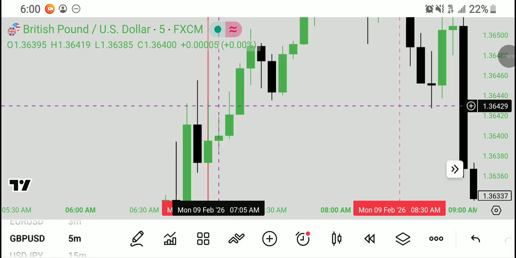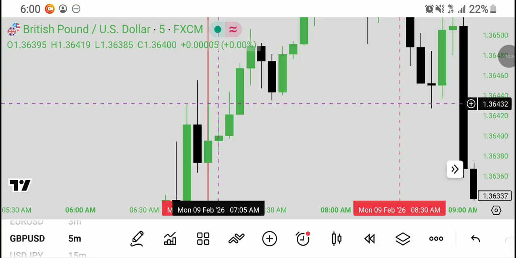The imbalance above relative equal highs or relative equal lows are kind of buy stops and sell stops, where the market is driven, kind of a magnet. Hope you understand what I mean.